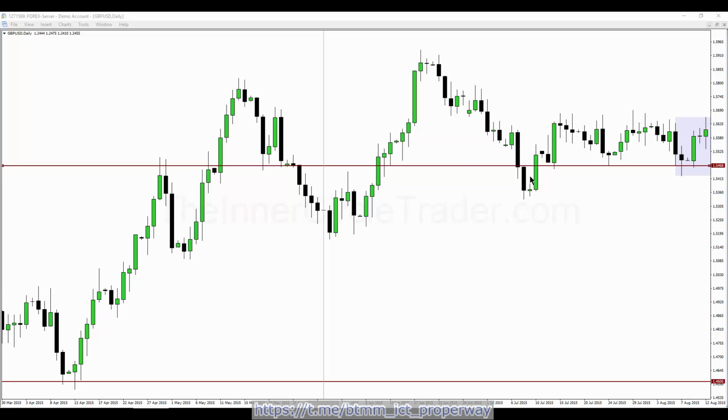Okay, it closed in the fair value gap between the high to the midway point of the candle, and look at this candle right next to it. Price came down and respected that range. Right in here, didn't go any farther than that.